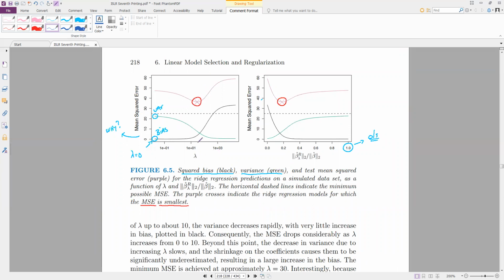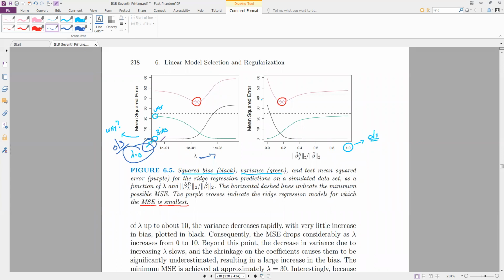So what happens, again, in another simulation study, is you vary the value of lambda. Lambda gets bigger, right? What happens? Well, let's look at this particular data. Starting at lambda 0, we have basically OLS over here, lambda equal to 0.